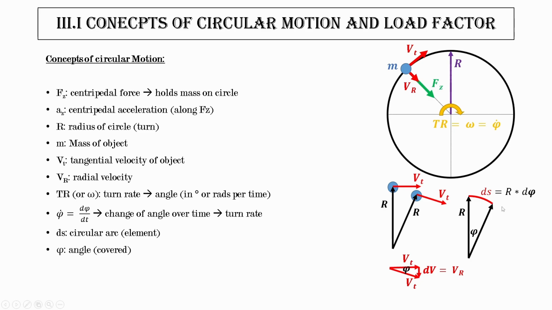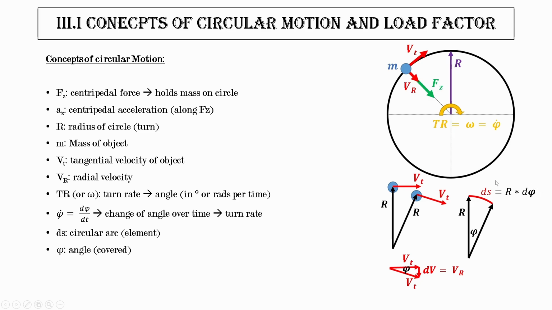But because it's a small angle, we can assume that sine phi is roughly phi, so the angle itself. So this is where this comes from. Just remember, the arc is radius times angle.